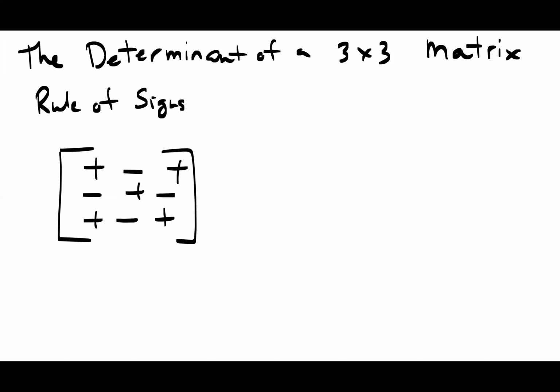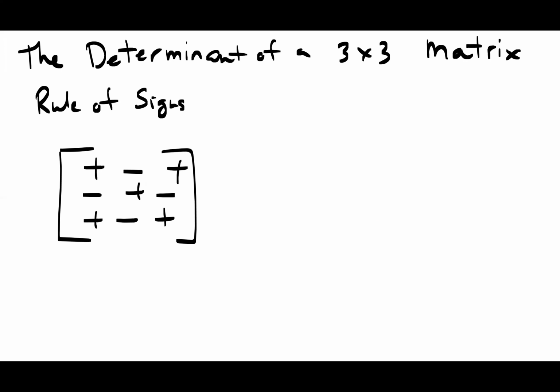Interestingly enough, there's a rule of signs for polynomials. Descartes discovered that. When we play with signs, it gives us different answers. In this case, it gives us a determinant. We always think about this as we're trying to figure out the determinant of a 3 by 3 matrix. So we're going to use this in the next one that we have here.